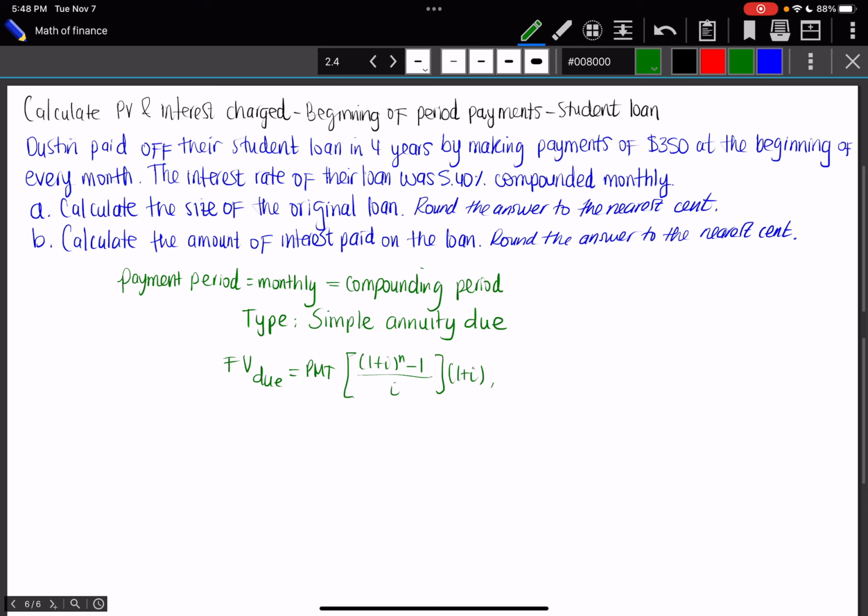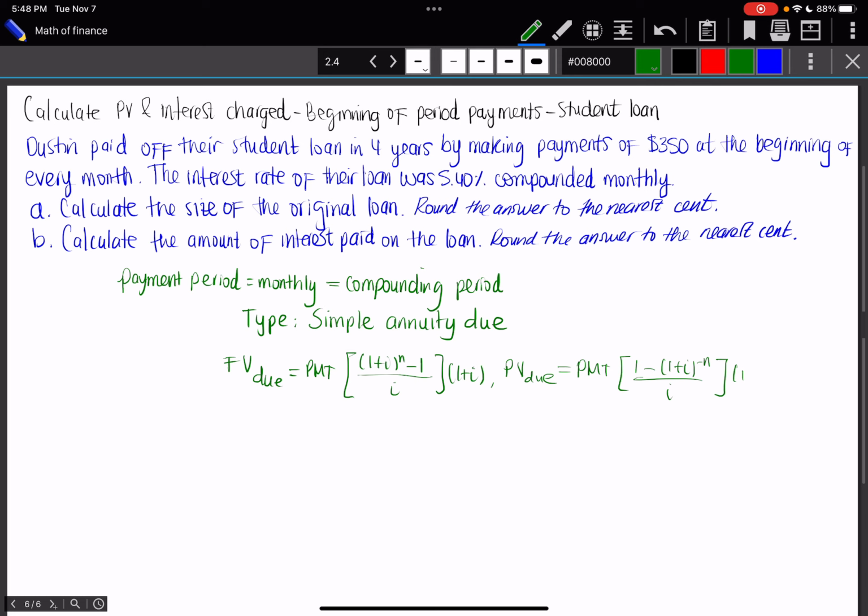And the other formula that is relevant when we work with a simple annuity due is present value of the annuity equals PMT times (1 minus (1 plus i) to the negative n) over i, and then times (1 plus i).